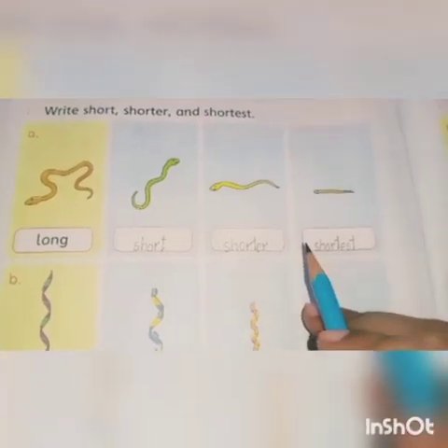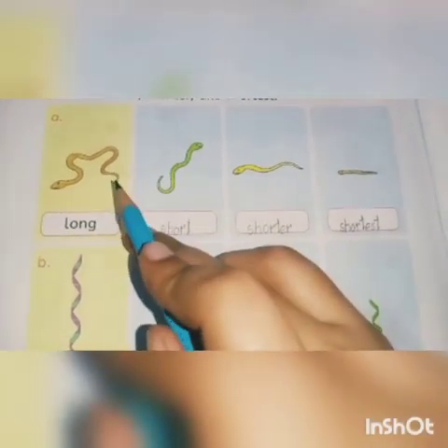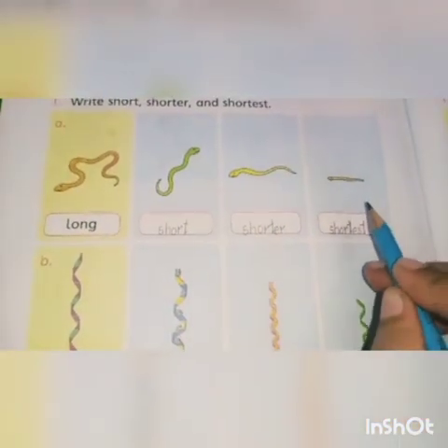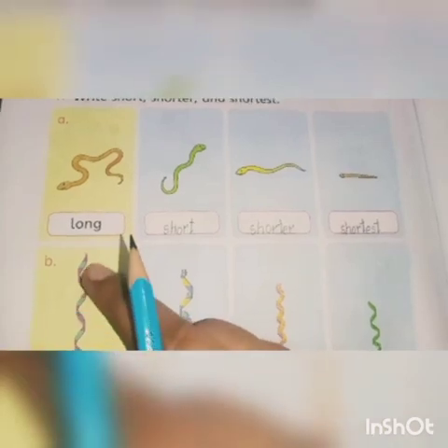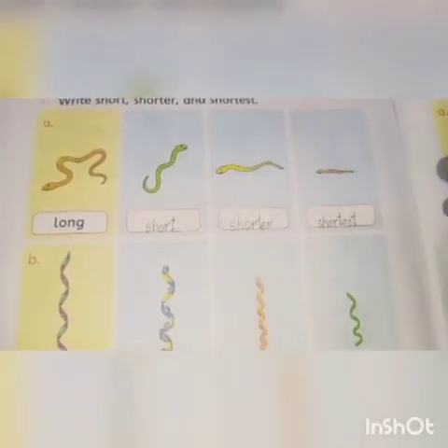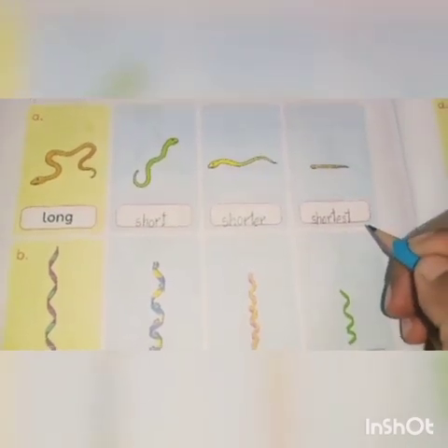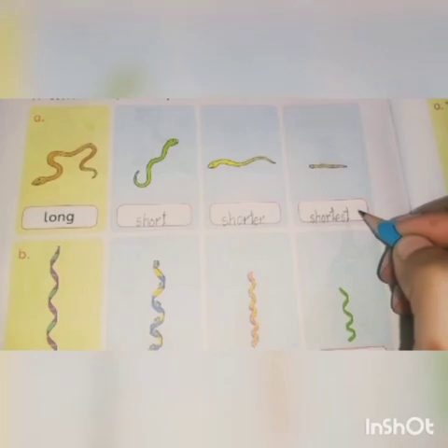Students, we differentiate these four snakes. First of all, this is longer than all these. So long is already written in the box. Then here we have three snakes. This one is very small, so we write shortest in the box.